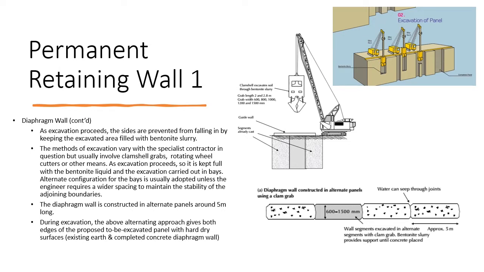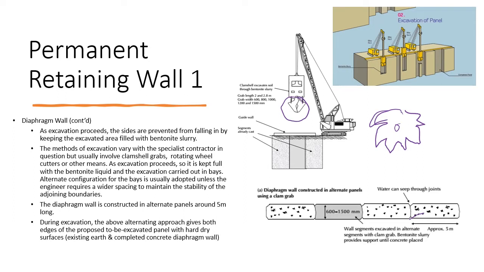The methods of excavation vary with the specialist contractor in question, but usually involve clamshell grabs, which look like this, rotating wheel cutters or other means. So rotating wheel cutters tu dia bulat but dia ada macam potong tu lah. I pun don't know how to draw, but something like that.